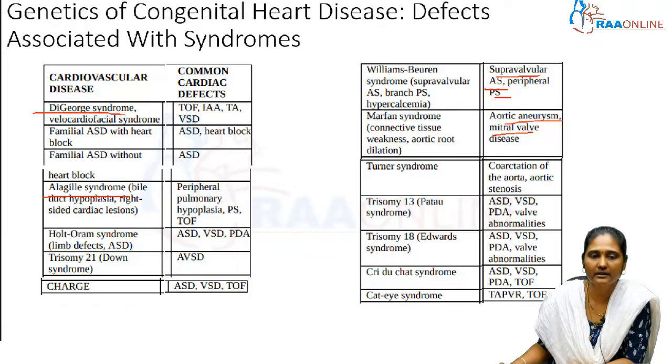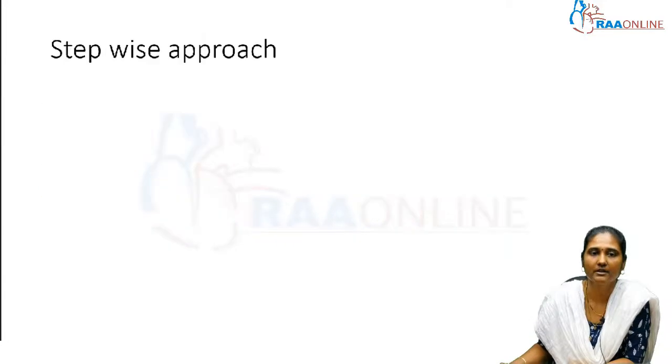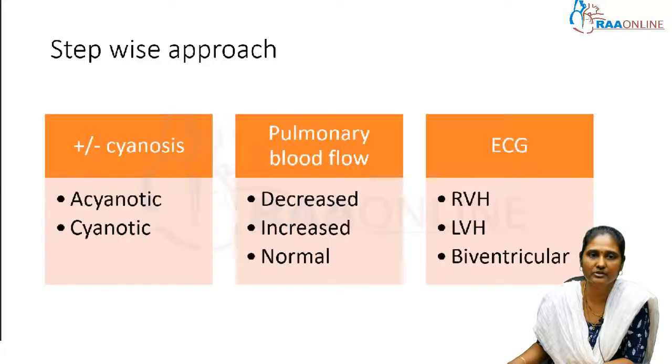Having read about the etiology of congenital heart diseases, now we are going to see how to evaluate, stepwise, a child with a congenital heart disease. We have to approach the child systematically. Any congenital heart defect is broadly classified into two types, cyanotic or acyanotic heart defect, by the presence or absence of cyanosis.